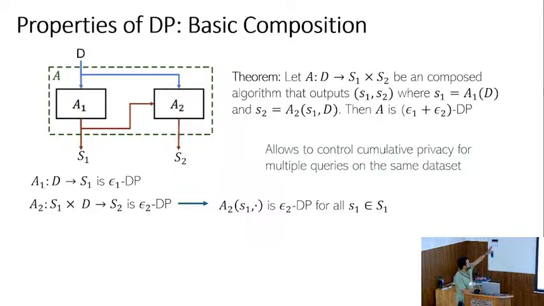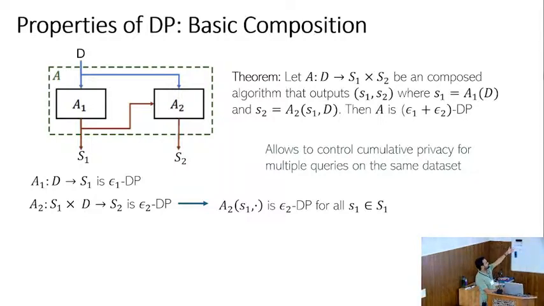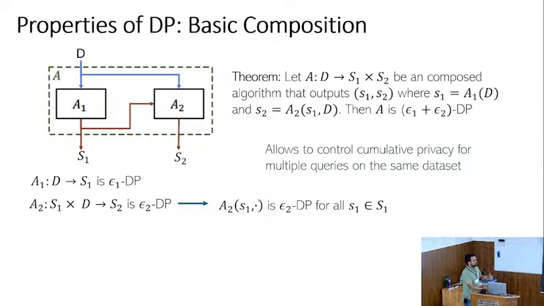So take the same data set, ask two different queries, get two outputs, and release both outputs together. If each query output is differentially private, then the output of the two queries together will have 2 times the privacy guarantee.